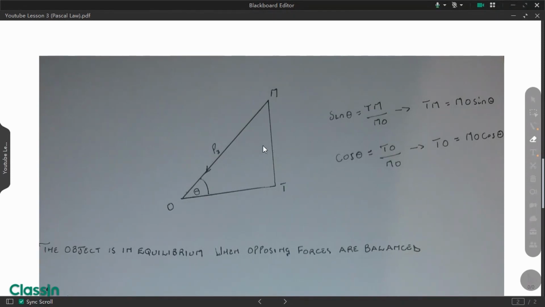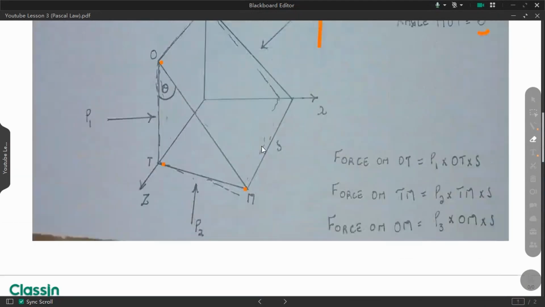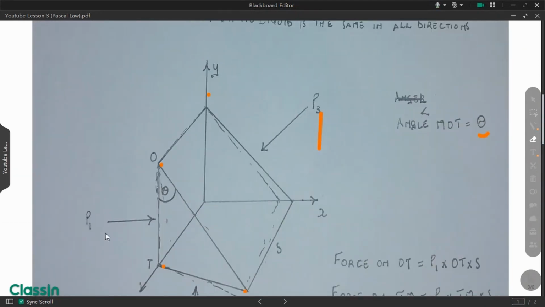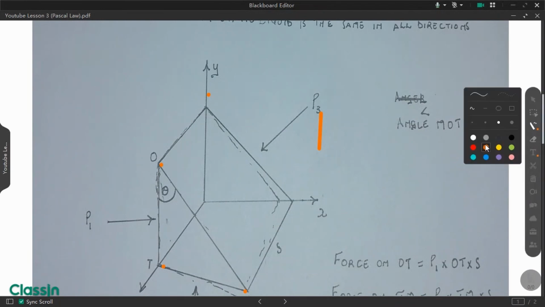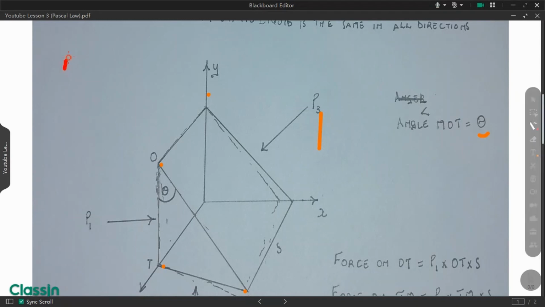So what we want to prove is that the pressure intensity at a fluid at rest is the same in all directions. What does that mean? That means P1 is equal to P2, which is also equal to P3.